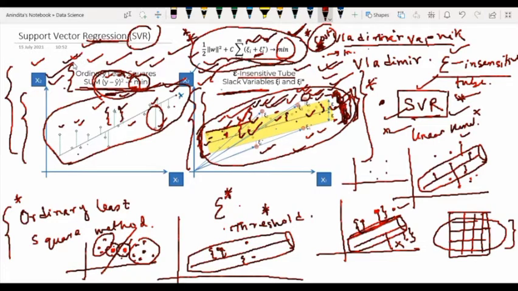Because in ordinary least squares, the difference between the actual value and the predicted value is known as the error. However, for support vector regression, the error is the difference between the slack variable and the outer part of the tube. Both mechanisms try to minimize this error, this distance.